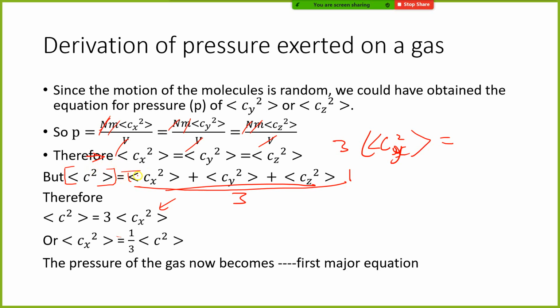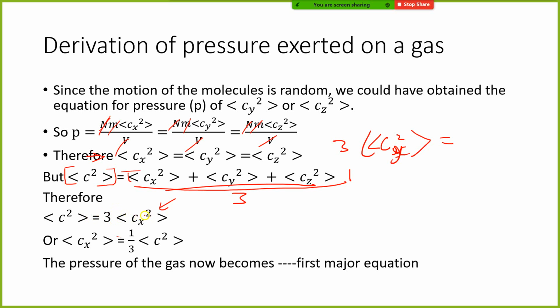We just need to add up all of these right here to tell you what the overall mean square speed is equal to, which we are now saying is equal to 3 times the mean square speed of the x-axis.